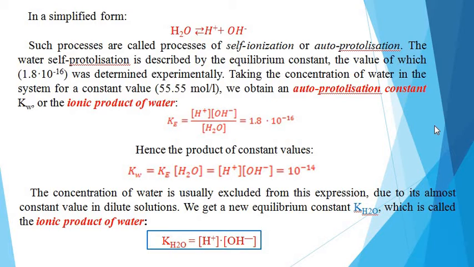We get a new equilibrium constant, which is called the ionic product of water. In this case, it's equal to the concentration of hydrogen ions multiplied by the concentration of hydroxide ions.